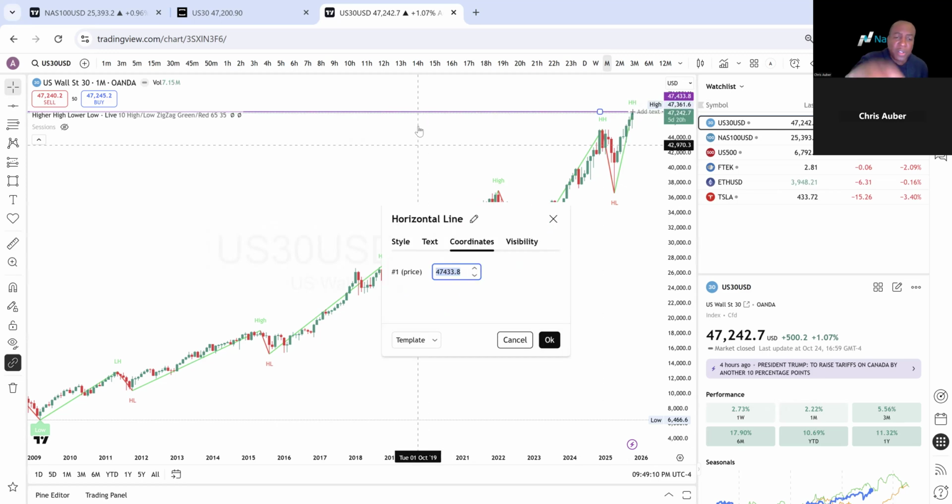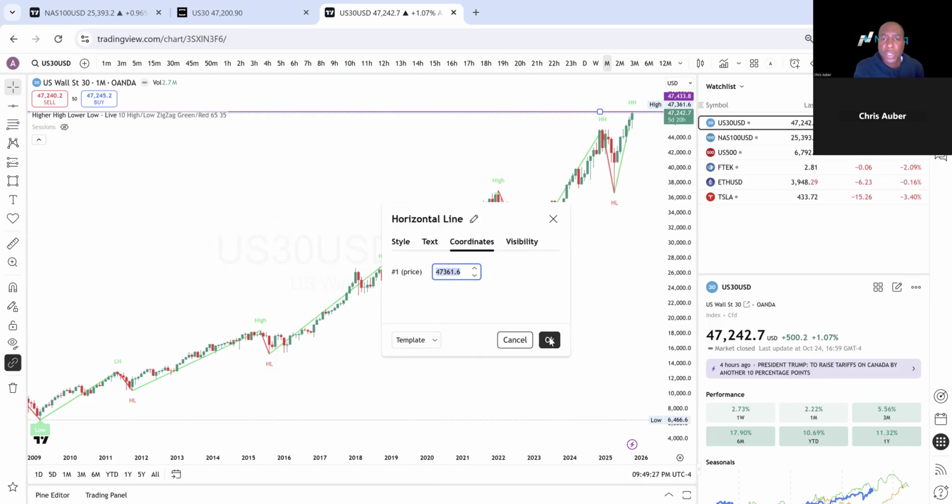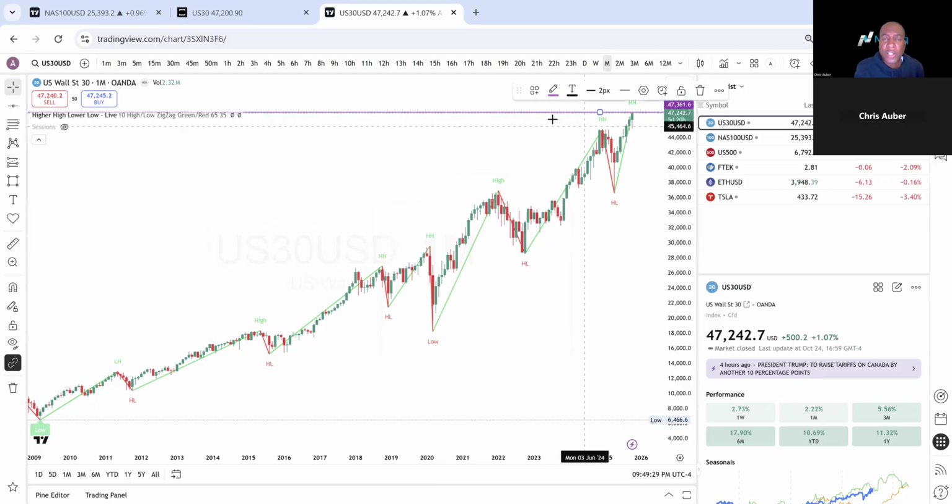So I go here, 47,361.6. I'm going to copy this value because I'm going to be using it quite a bit. So here we go. That's for my monthly chart.